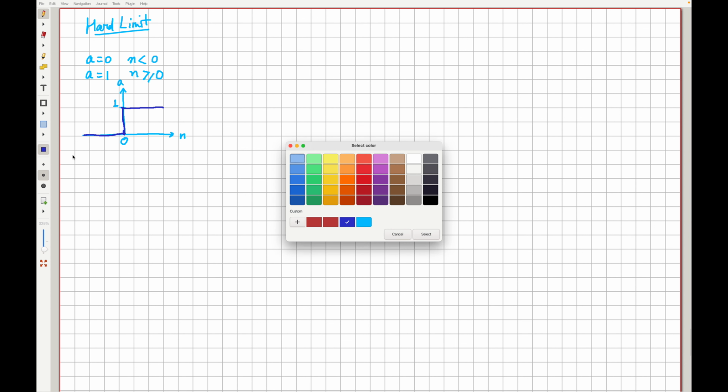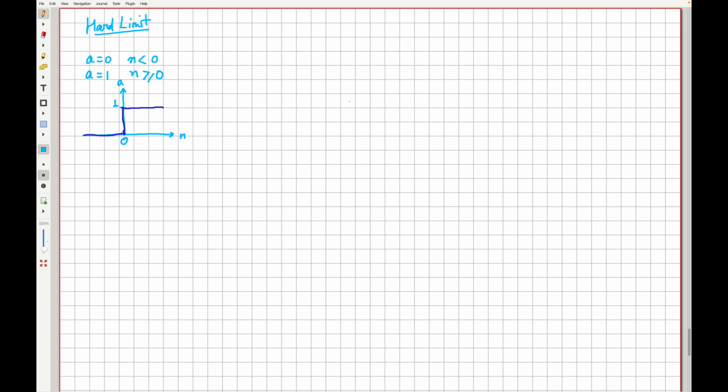The next transfer function is symmetrical hard limit. So same hard limit but symmetrical. Now with the symmetrical hard limit, the thing that changes is what happens when n is less than 0.